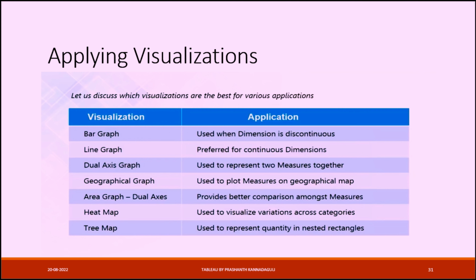If you want to measure or represent various parameters together, then you go for a dual axis graph. One example of a dual axis graph I have already shown you in one of the previous slides. You can measure the cost and the profit for every month. That can be one example.